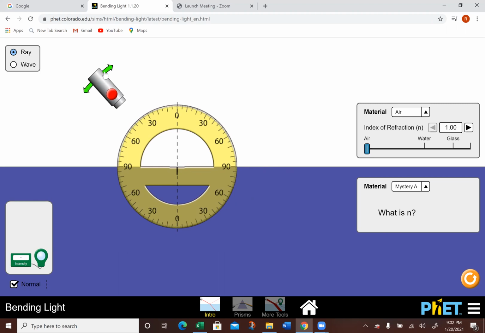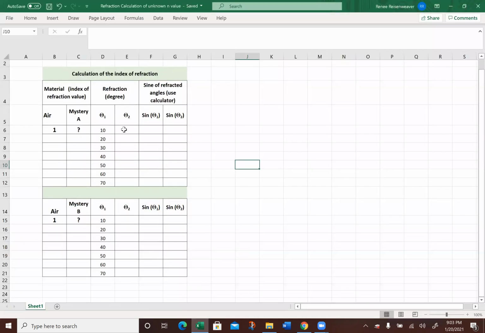You move your laser to start off at 10 degrees. So turn on your laser and make sure it's coming in at just 10 degrees. So our first angle here is 10 degrees, and it looks like our refracted angle might be about 4.5 degrees. So I'll go back to my data table and type in 4.5 degrees.